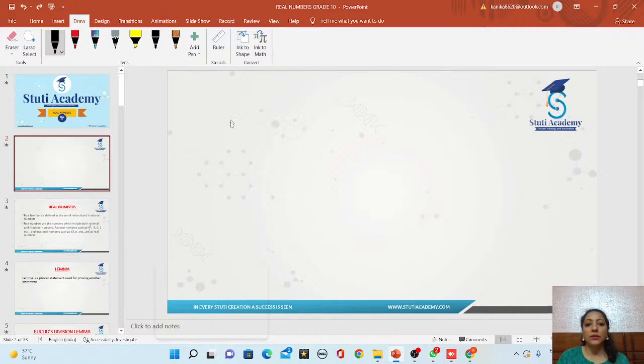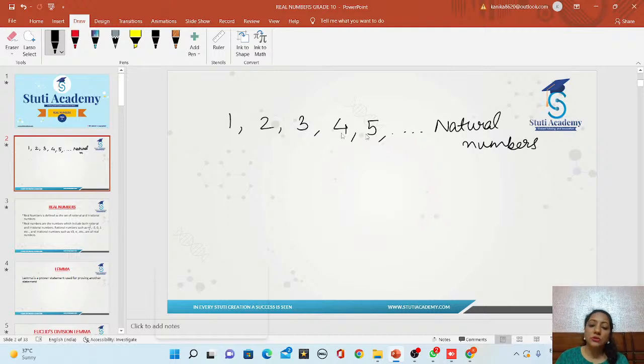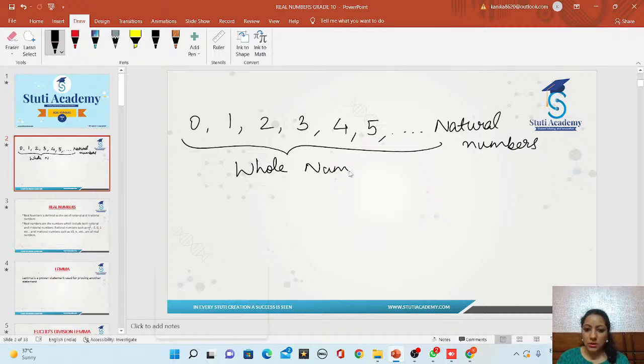In grade 6 we gave a specific name to these, natural numbers. Now, if I add 0 to this collection of counting numbers, it becomes a new collection called whole numbers. All this we started in grade 6.